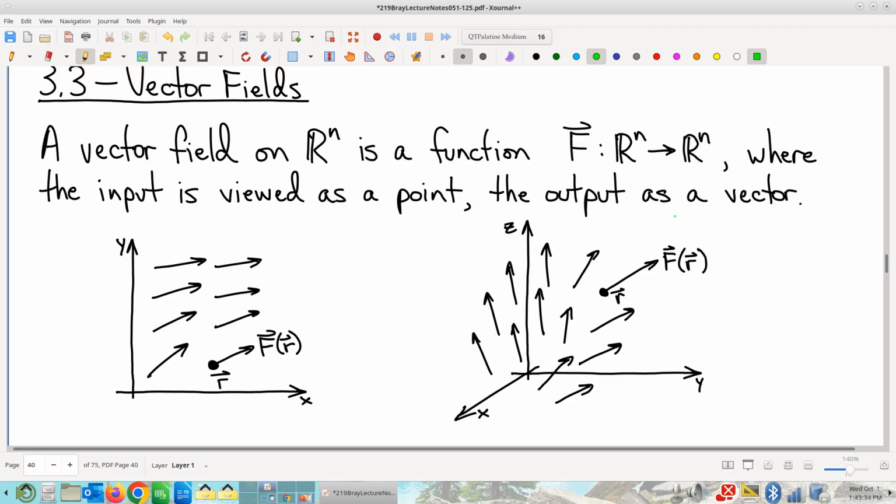Okay. The one in R3 here, maybe you could visualize this being water, but it might be more natural to visualize it as being air. We live in a three-dimensional fluid of air, and so maybe this is some sort of an updraft. By the way, there's lots of different kinds of things that we could be representing the flow of, and we'll talk about some of these in a minute.